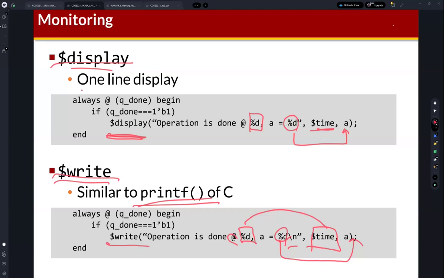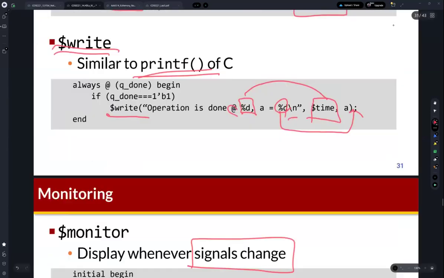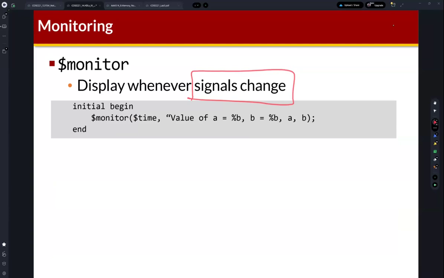In this example, I use the Q done signal, which means that if Q done becomes 1, then this display is executed. So if we use the display function or write function, these functions are executed manually. But monitor is different. The monitor displays whenever signals change. So this is the example.